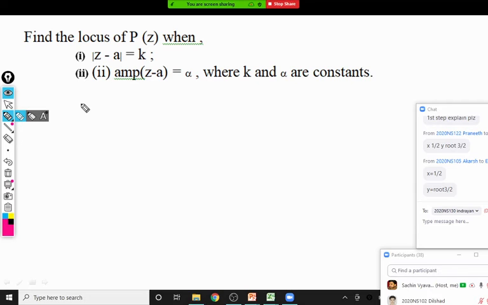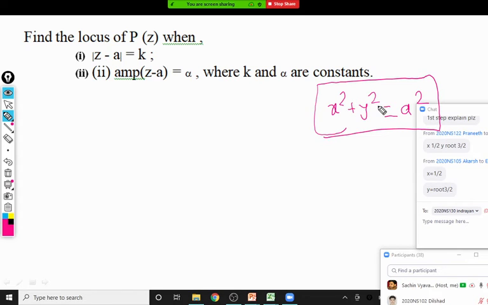So we have to find all such points which satisfy that condition and see what it represents. For example, you did in 12th, the set of all points which satisfy x square plus y square is equal to a square. We say that is a circle. So the locus of this equation is a circle. So we are going to show what this curve is.